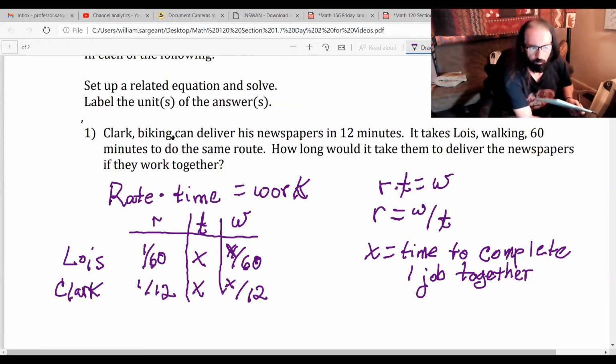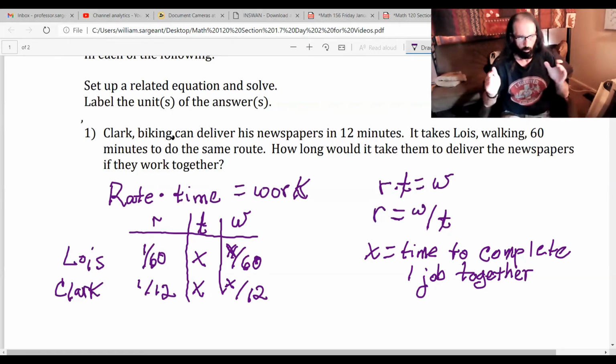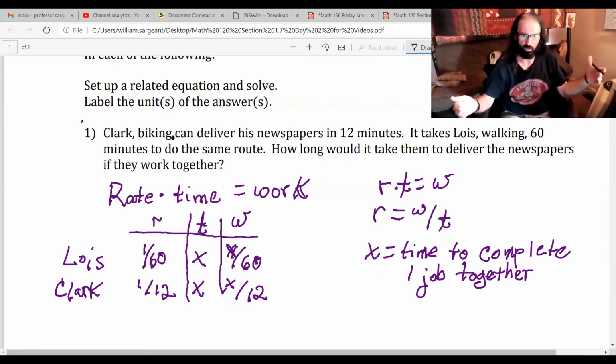Now, because they're working together, that 12 and that 60 is probably actually really an average, and that from moment to moment there's some variation in the rates. But in algebra, we can't deal with that variation in rates. That's something that you can begin to deal with in calculus. So we're going to think of this idealistically, that that's a constant 12 minutes that it takes him to get that one full job done. And similarly for Lois.